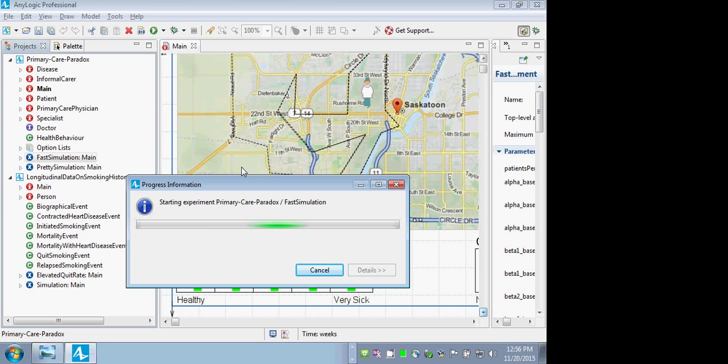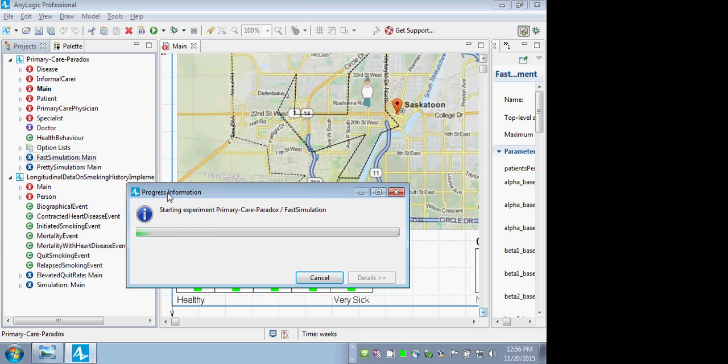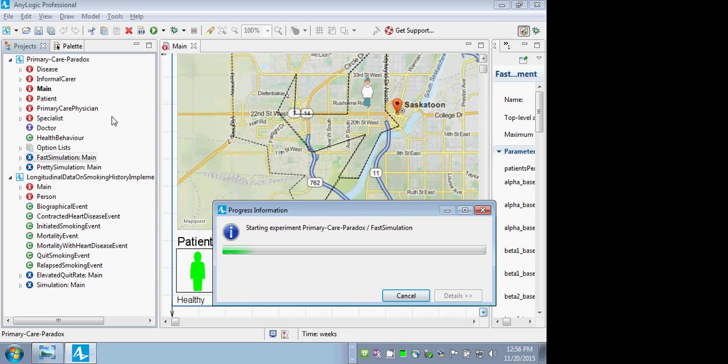It looks like it's taking a while. My machine is pegged in terms of dealing with this, but here it is, I think, dealing with a lot of GIS cache data and so on. So this particular model might be of interest to some people, particularly those interested in the service network context.